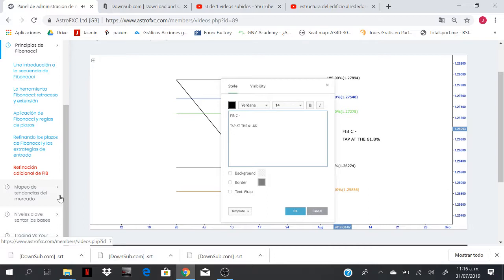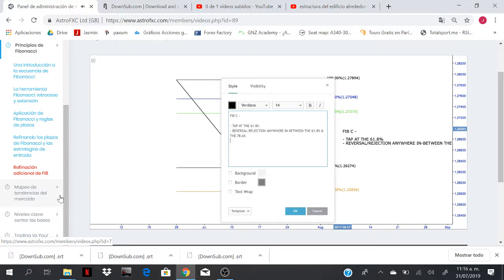We're looking at a tap at the 61.8, or we're looking for a reversal or rejection anywhere in between the 61.8% and the 78.6%, which I'll show you in a moment. That's one, that's two.